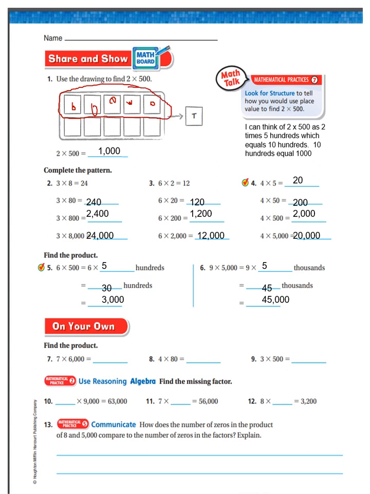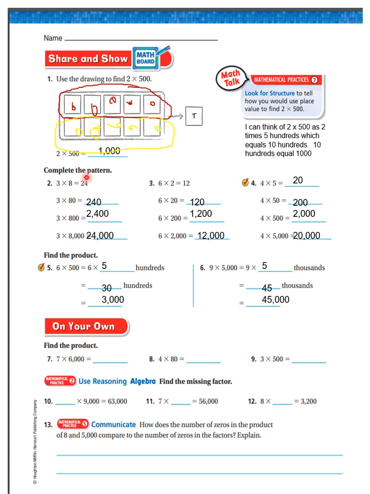Now I can say 100, 200, 300, 400, 500. Here is 2 groups of 500. Now there's another way. I don't have to use the drawing to figure out what is 2 times 500. I simply can say 2 times 5 is 10, add the 2 zeros and get 1,000.